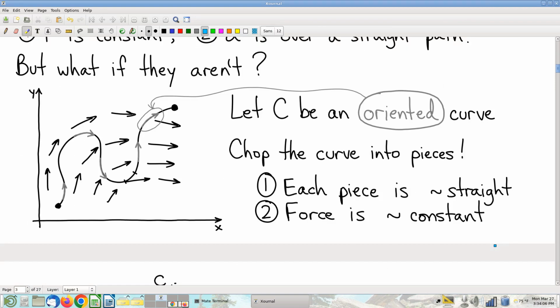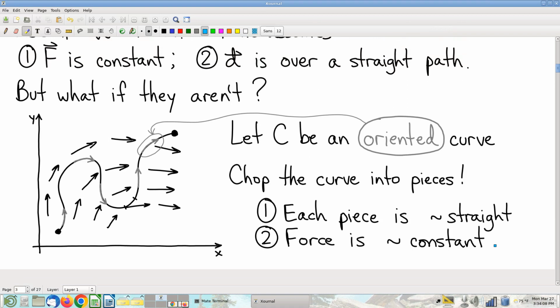The order matters. So the way we're going to address this is I'm going to think of the domain here not as being just a curve. A mere curve is like a road. It just sits there. You can drive either direction along it. It's just a bunch of concrete on the ground. We're going to consider this instead what we call an oriented curve.